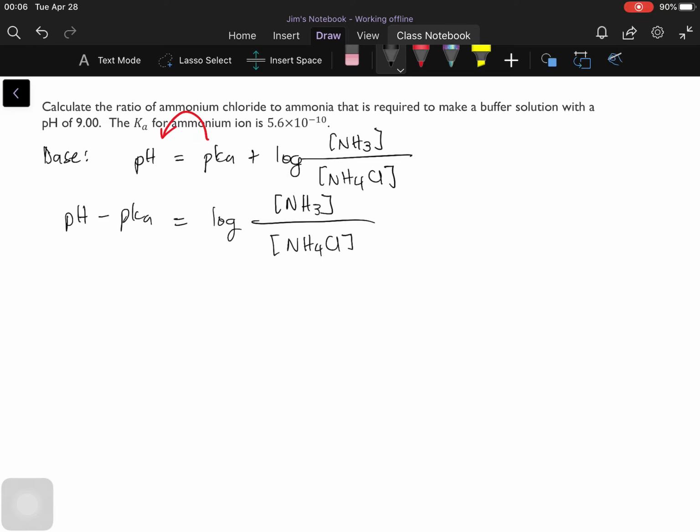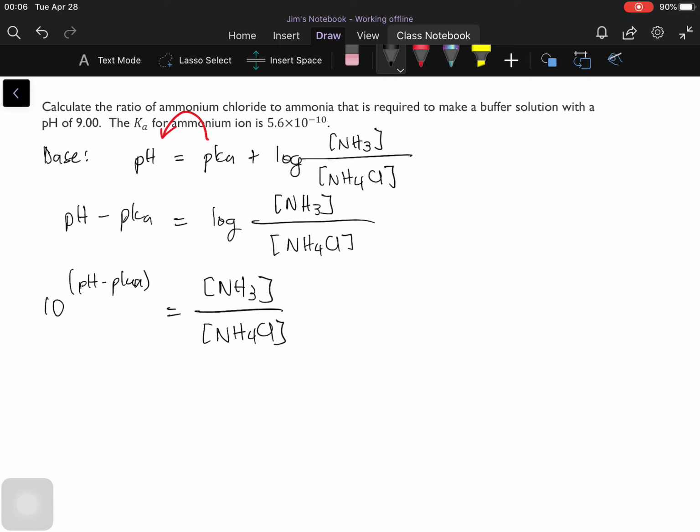So that means this is 10 raised to pH minus pKa equals, by the way, we already did the anti-log, so we are not going to write the log function anymore, the concentration of ammonia over the concentration of ammonium chloride.